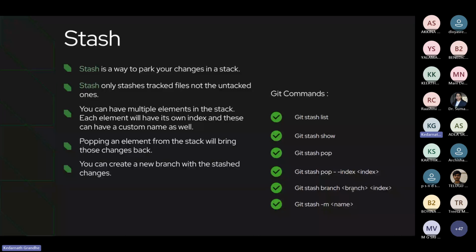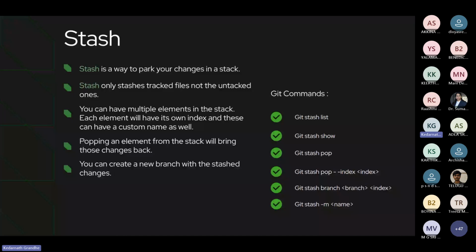So git stash branch and the branch name, it will create a new branch for you, and it will pop those unfinished changes into this new branch. The index is basically if you park multiple changes in a single stack, they are stored like data structure items. So they will have their own index like 1, 2, 3, 4, something like that. So you can have multiple elements in the stack. Each element will have its own index, and these can have a custom name as well.